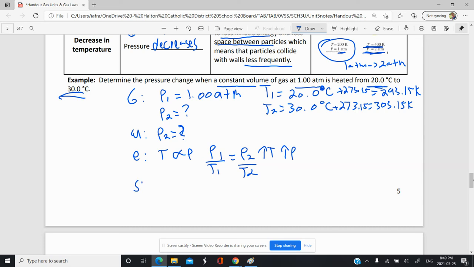So let's go ahead and plug in some values. So we have 1.00 ATM over the temperature 1, which is 293.15 Kelvin, is equal to pressure 2, which we don't know, over temperature 2, which is 303.15 Kelvin. And so now we can solve by rearranging the equation.